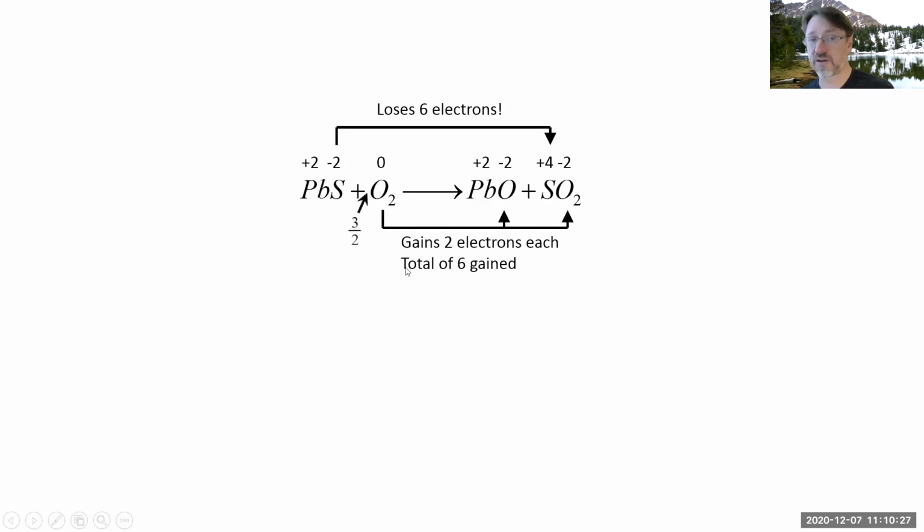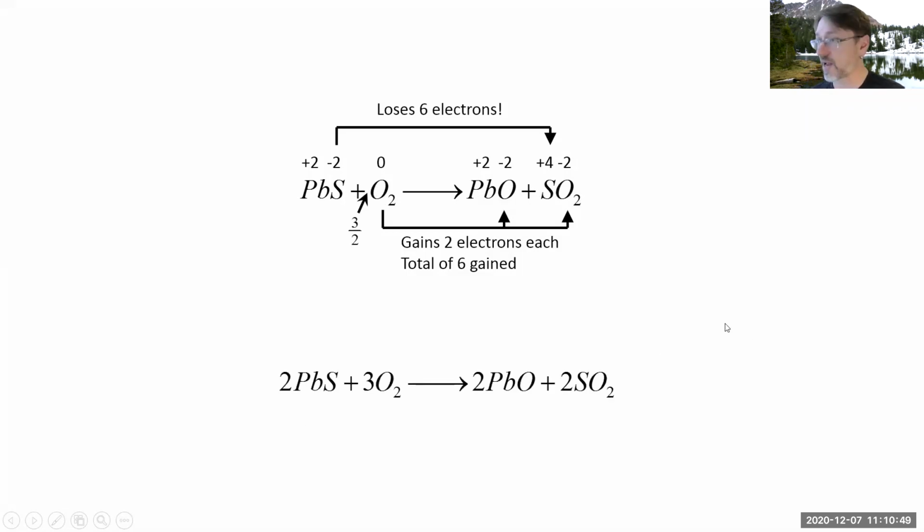And so this one actually already has the right number of electrons, but we now need to make sure that we have enough oxygen atoms to add up to 1 and then 2 here for a total of 3. So we put a 3 halves in front of this, and then we finish the balancing by getting rid of the fractions and multiplying everything through by 2.